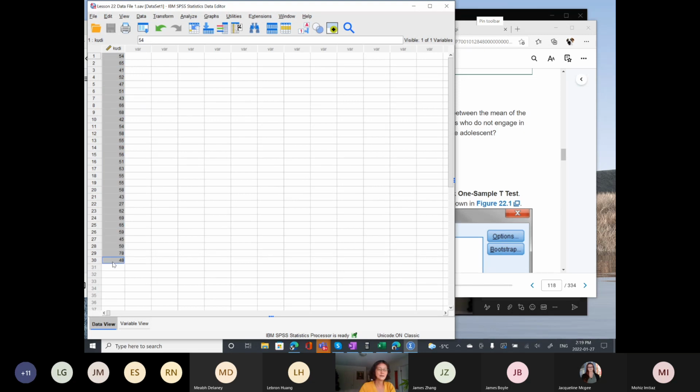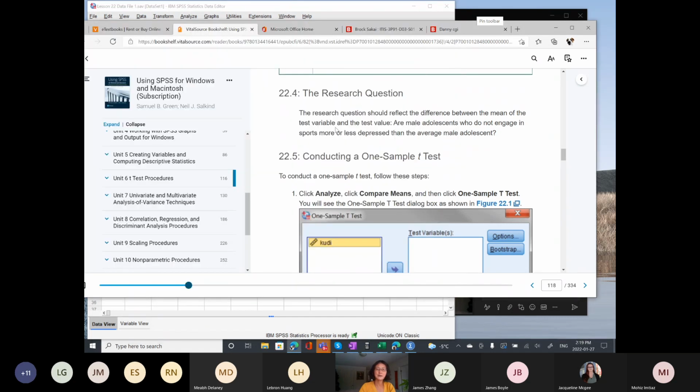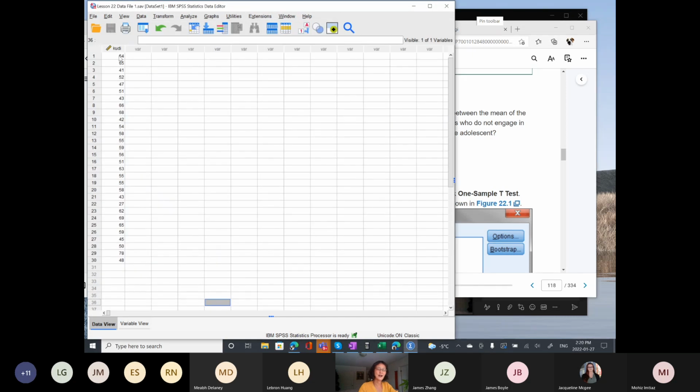Where is the test value 50 coming from? It is coming from the past research. In the past, the research shows the average is 50. So we want to test if the average for this data is 50 or not.